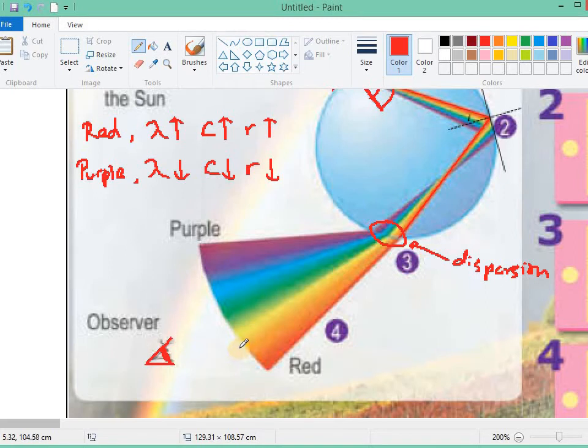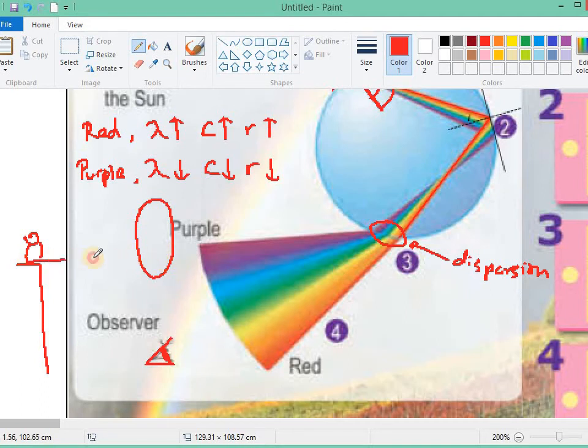Okay, actually the rainbow is round. Actually the rainbow is one circle, but we only see half because another half is inside the ground. Okay, unless you stand on the cliff, then you can see a round rainbow. Okay, you can see a circle rainbow like this.